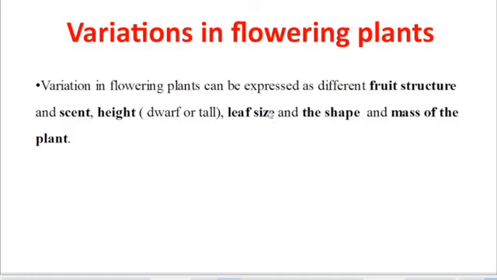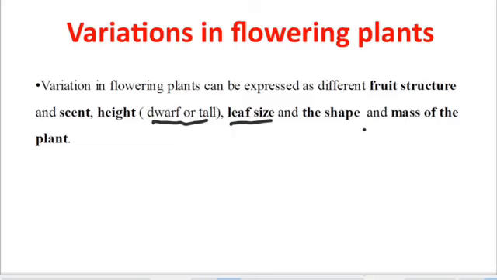This means that we have plants that have different fruit structures. Others have different scents. Others are tall, and some other plants are short. In terms of leaf sizes it also differs, and their shape, and also the mass of the plant. That is how we can explain variation in flowering plants.